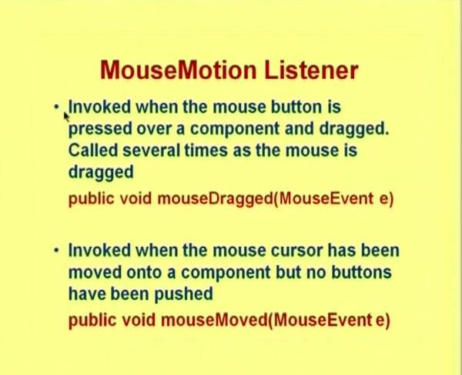This is invoked when the mouse button is pressed over a component and dragged. This is called several times as the mouse is dragged. Whenever I drag the mouse, there is a start position and an end position. Once you press the mouse, the mousePressed event is raised, then you drag it, and then you release the mouse.